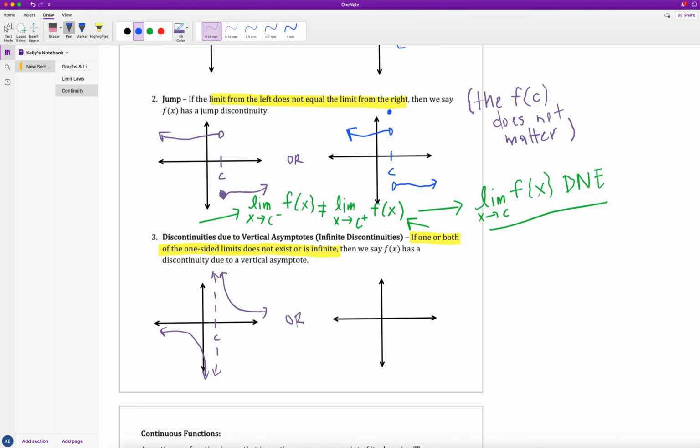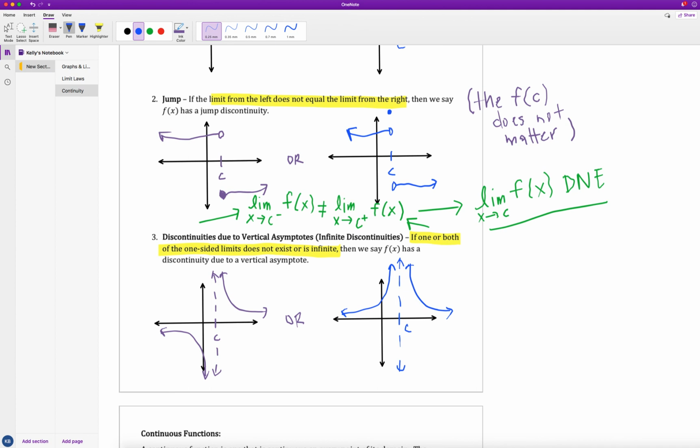And in another case, even if they both went up to, let's say, positive infinity, so in this second example, if I draw this and they're both going up towards positive infinity, that's fine. I still have a discontinuity here because one, or in this case both, one-sided limits are infinite.